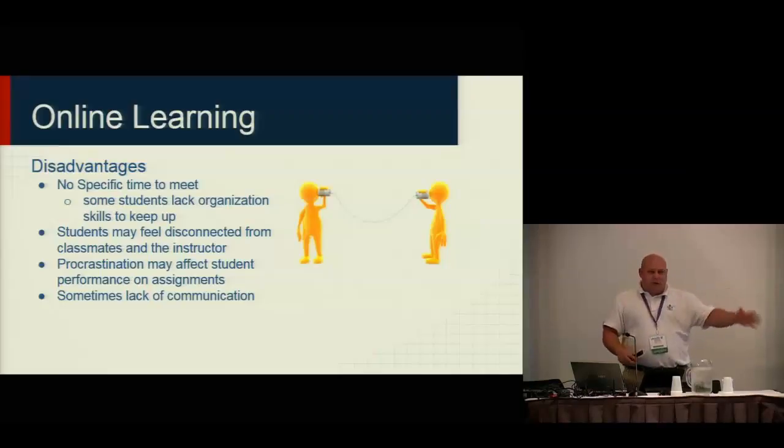Make sure that you're working on the project. Sometimes that doesn't get relayed to the student as much, especially if they don't check their announcements or email or don't log in. It takes a two-part process. It takes the instructor to share those announcements, and it takes the student to log on to see them. So sometimes there's a lack of communication. Those are some of the disadvantages.